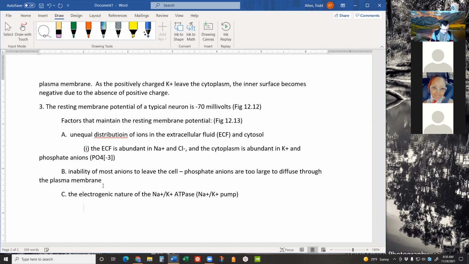Let me talk a little bit about that. That word electrogenic is simply a fancy way of saying that these sodium ion, potassium ion pumps have the ability to change the membrane potential. That's what electrogenic means.